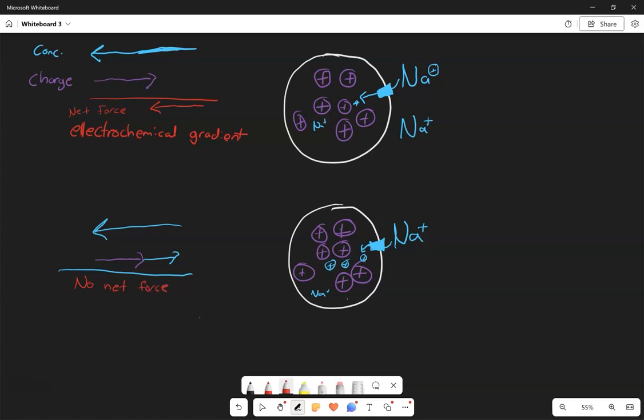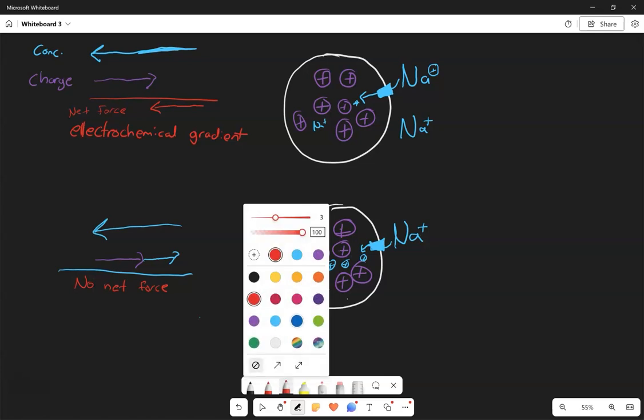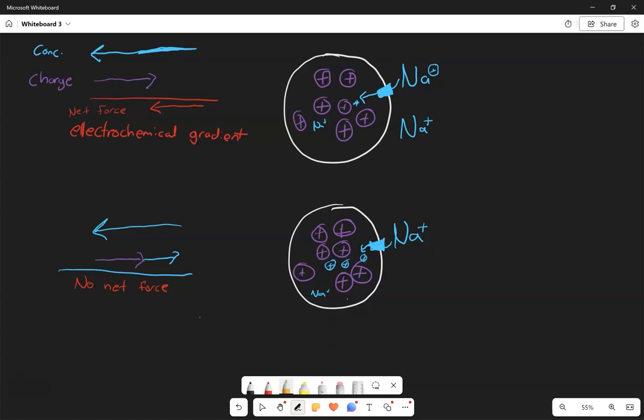And that no net force is because the concentration force, or the chemical force, is equal and opposite to the electrical force, right? So when those two things are equal and opposite, we'll say the chemical gradient is equal and opposite to the electrical gradient, which means that there's no net force.